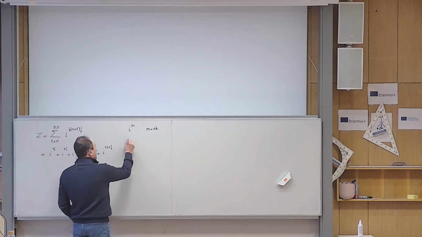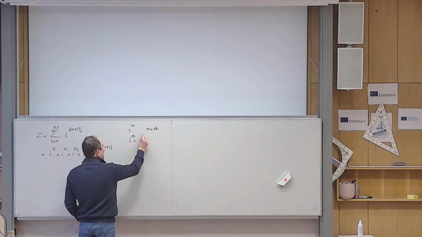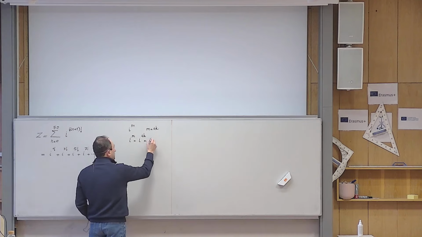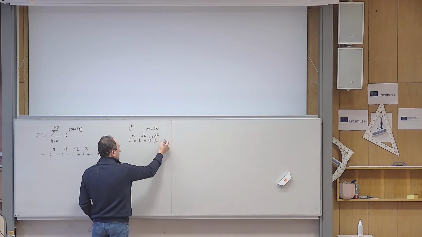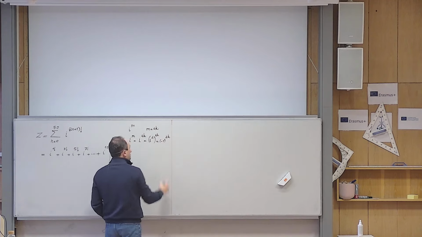If I ask you what is i to the power of m, you would say this is i to the power of 4k, but i to the power of 4k can be viewed as i squared, to the power of 2k. i squared is minus 1 by the definition of i, and then I have this to the power of 2k.